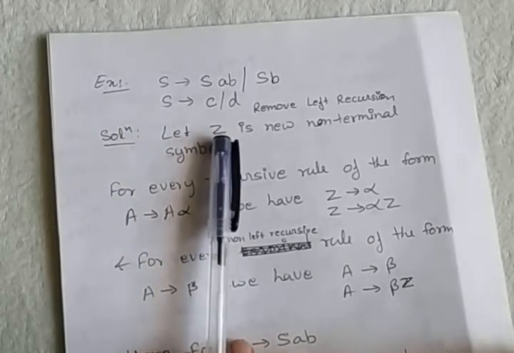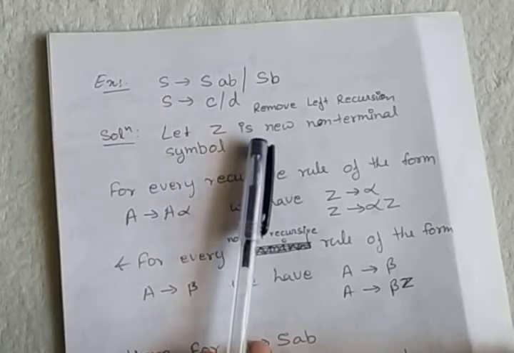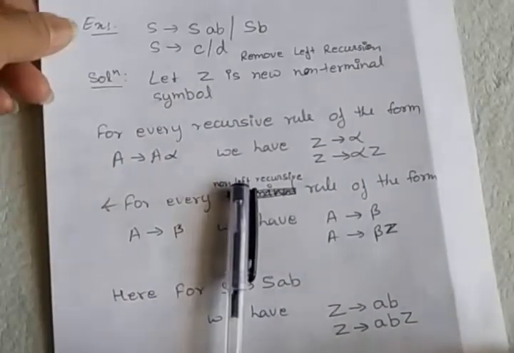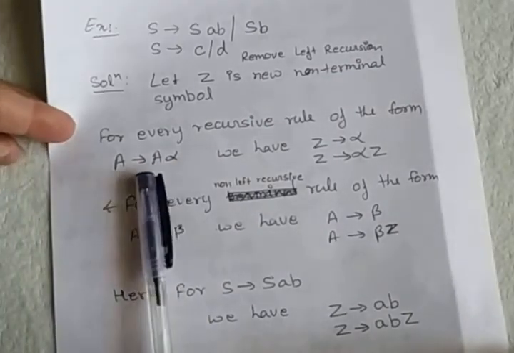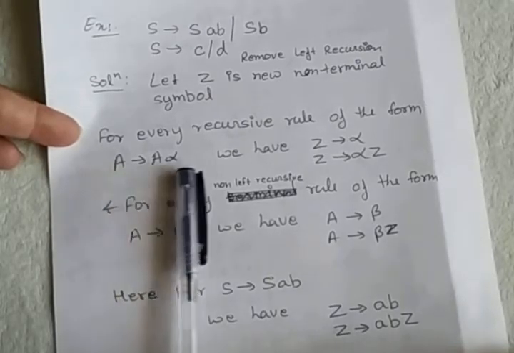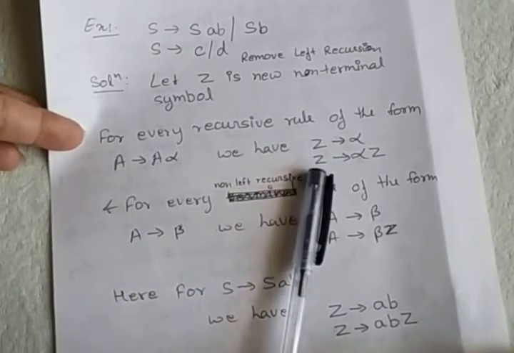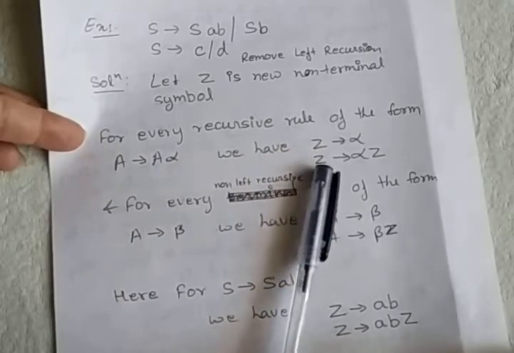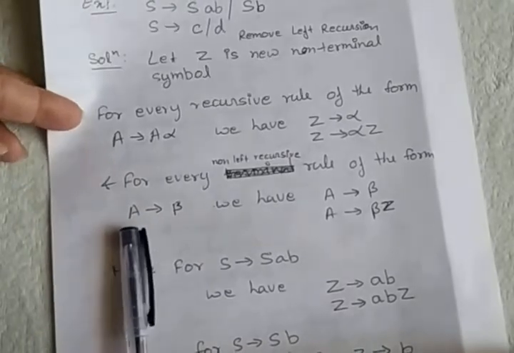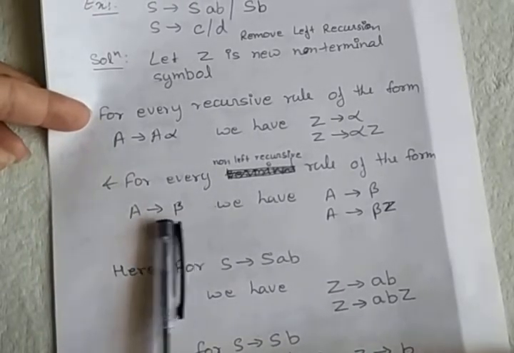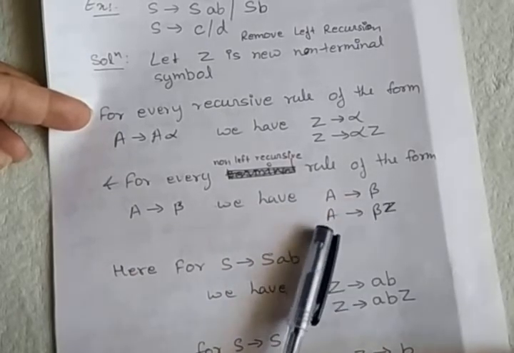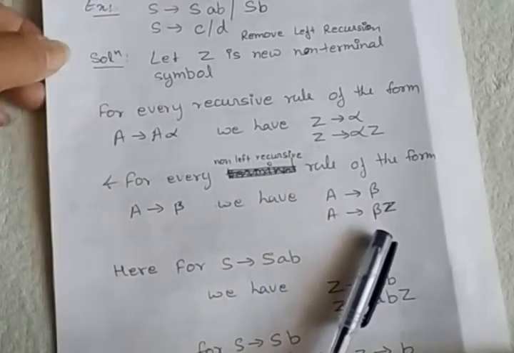Here we are considering that Z is the new non-terminal which is to be added to the set of non-terminals. As we know, for each rule of the form A tends to A alpha, we derive two rules, Z tends to alpha and Z tends to alpha Z. And for each non-left recursive rule A tends to beta, we derive A tends to beta and A tends to beta Z.